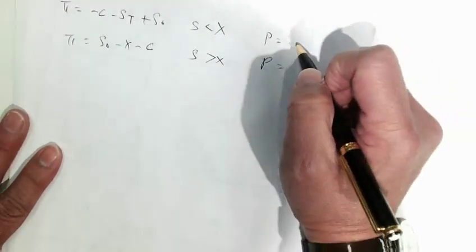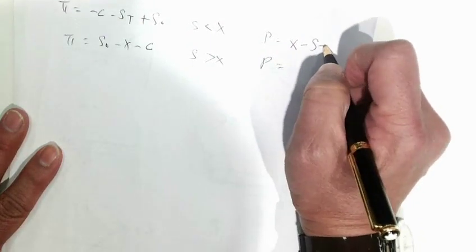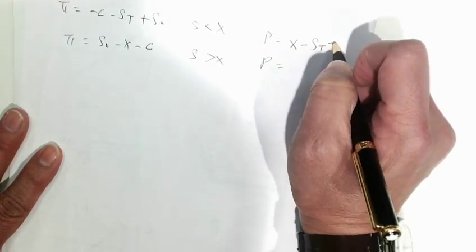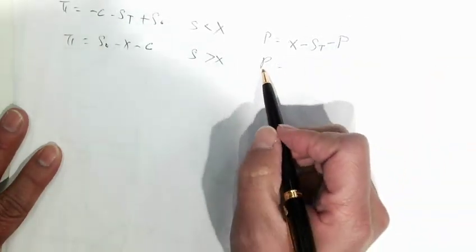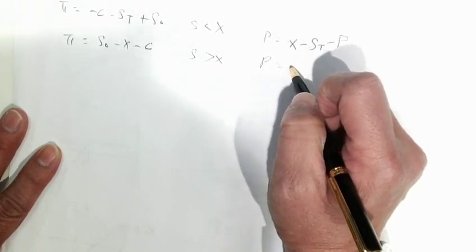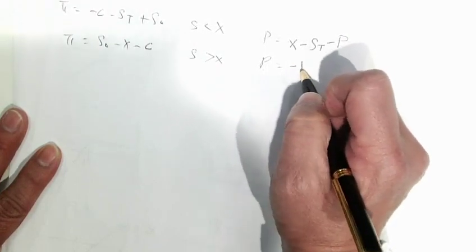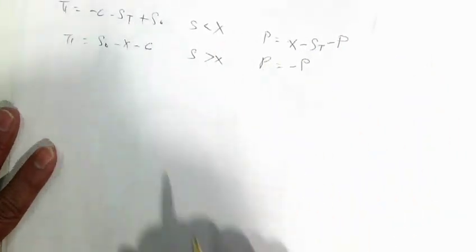So what's the profit for a put if it's in the money? X minus ST minus your premium. And if it's out of the money, the profit is minus P.